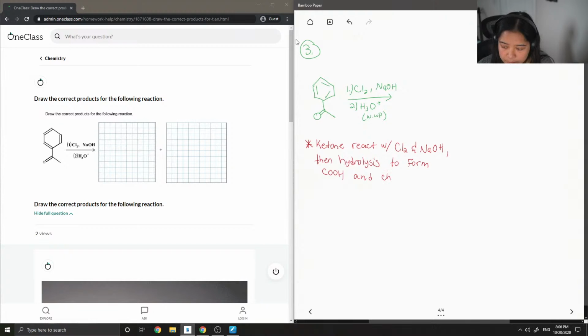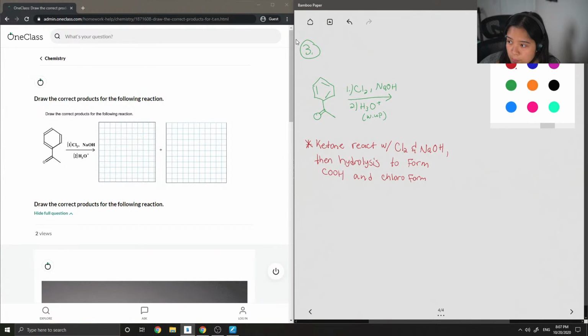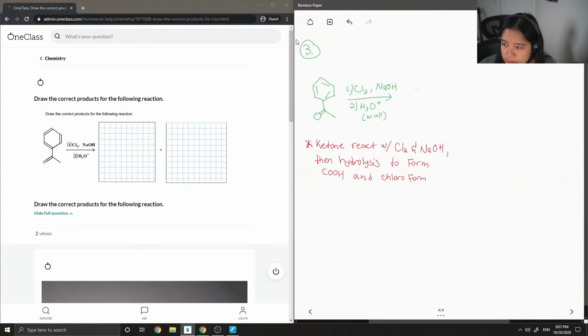And chloroform. Okay, so our final product will look like this. We have a new carboxylic acid. And chloroform is a product as well.